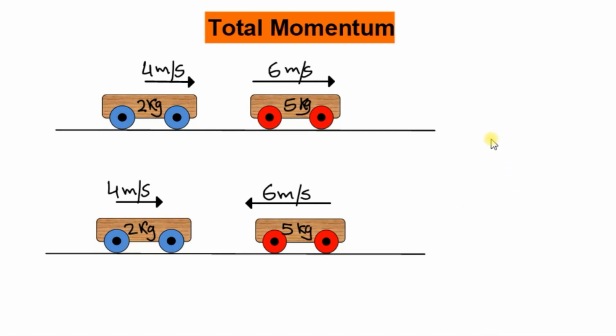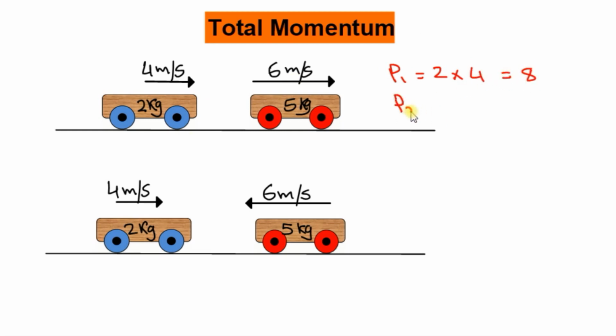What about the total momentum of more than one body in a system? For example, here we have two trolleys. The first one is 2 kg traveling by 4 meters per second to the right. The second one is 5 kg traveling by 6 meters per second to the right. So the momentum of the first one is equal to 2 times 4 equals 8.